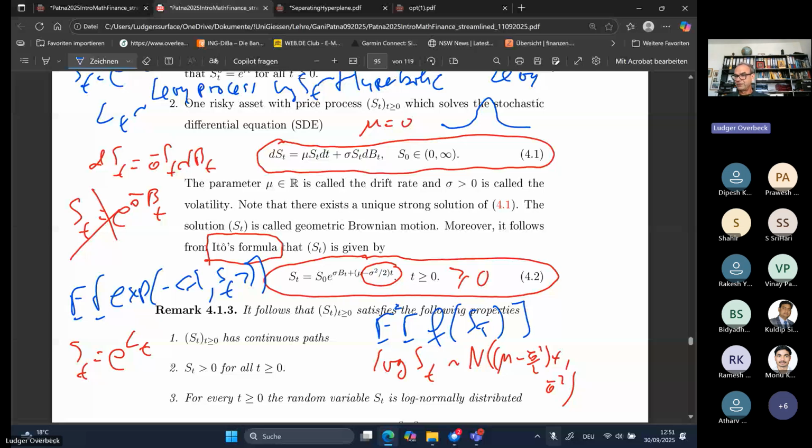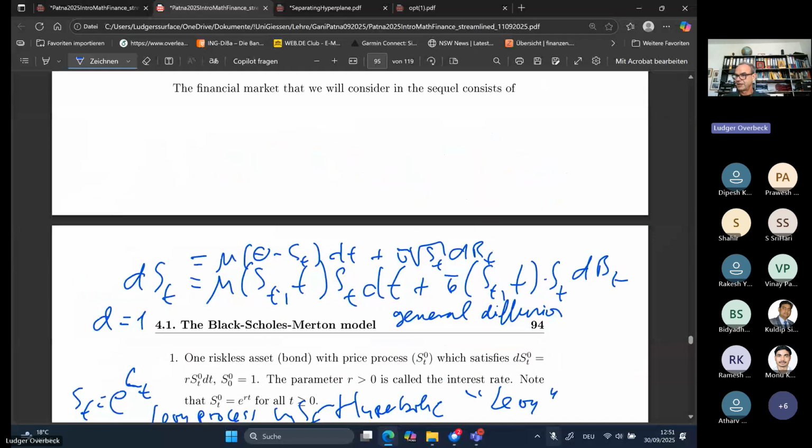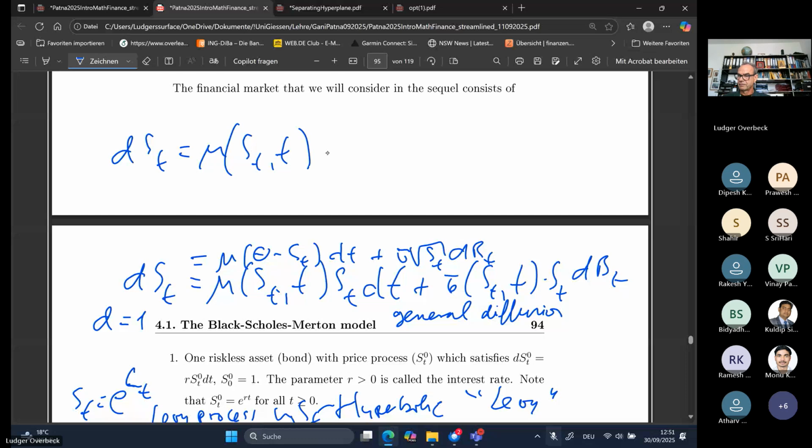As I said, you can take a jump diffusion. The base for a jump diffusion: you have dS_T, which is something with a drift, which might be state dependent or not, dT, and you have your Brownian motion, a stochastic integral with respect to Brownian motion dB_T, and you have another one which is, let's say, more complex.